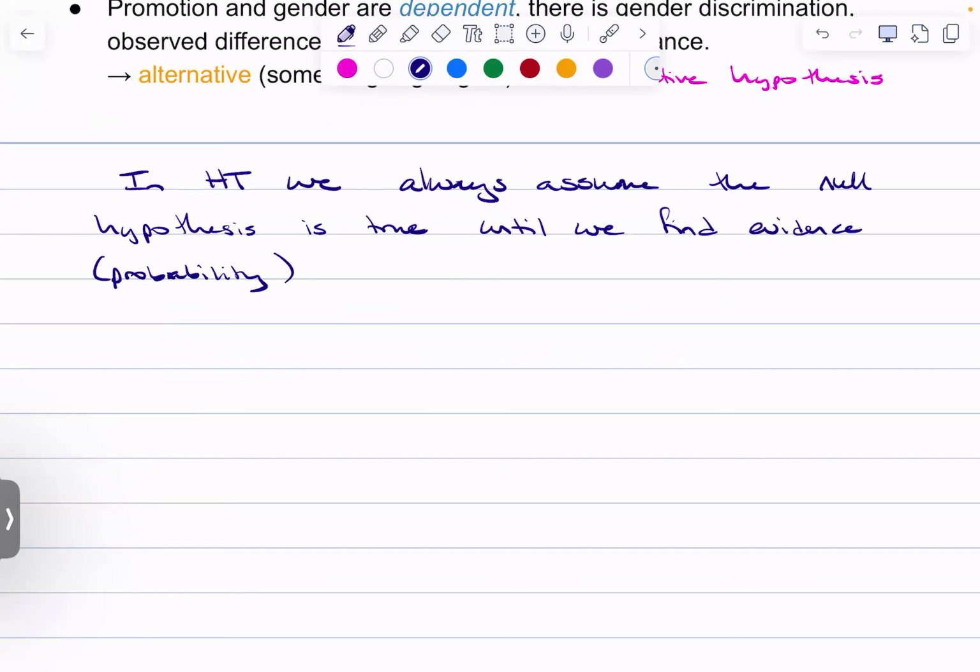Probabilities are what? Probabilities are areas under the curve. We've seen that before. We've done a lot of work finding probabilities, and this is the reason. So probability is an area under the curve. We assume the null hypothesis is true until we find evidence, or some probability that's too small, or just evidence in general against the null hypothesis.